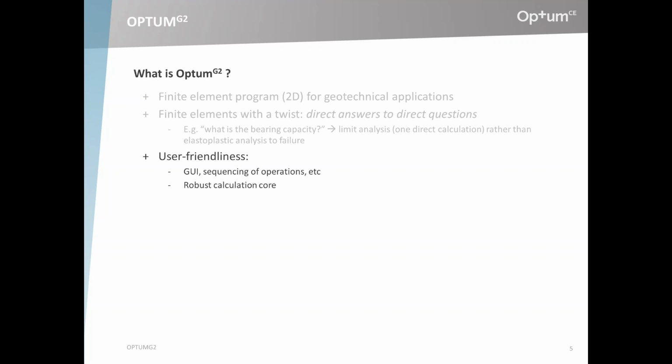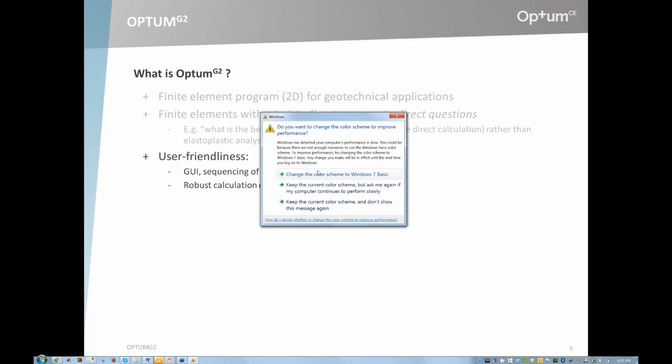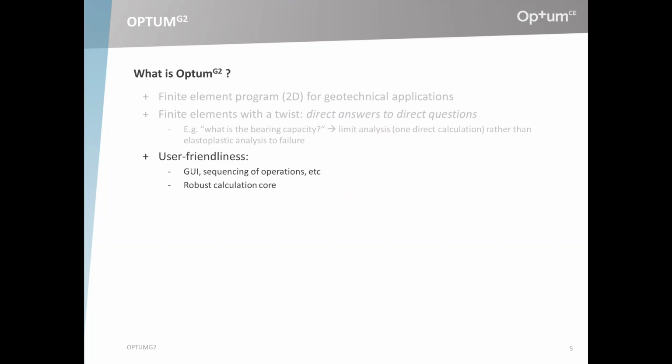You really don't want to be spending any more time than you absolutely have to playing around with parameters, sometimes algorithmic parameters, sometimes material parameters, and in many cases parameters you don't really know what they represent, in order just to get a reasonable solution. So the robustness we have in OptumG2 completely avoids that and gives really reliable answers, regardless of the difficulty of the model.